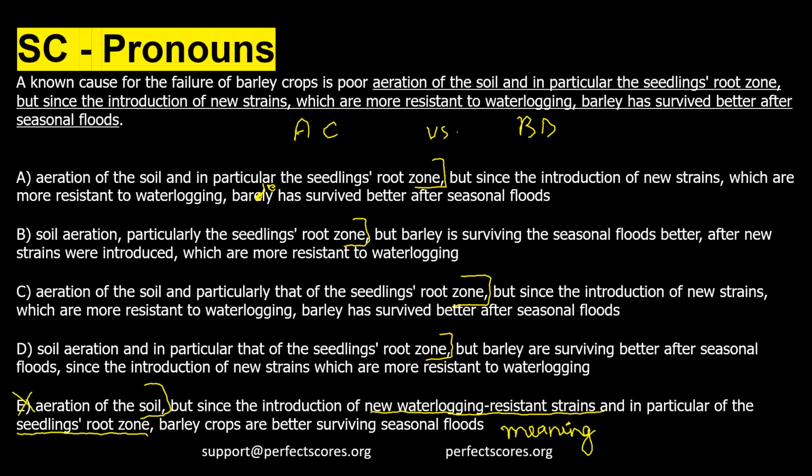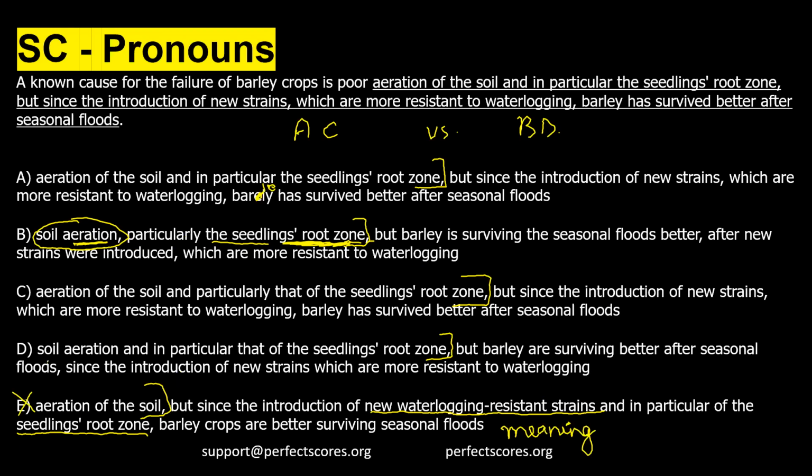I think it would be AC. Yes, because if you say soil aeration, particularly the seedling's root zone, see, over here, the basic noun is aeration. And here, the basic noun is zone, the zone in that soil. And they don't really match with each other with respect to the meaning.